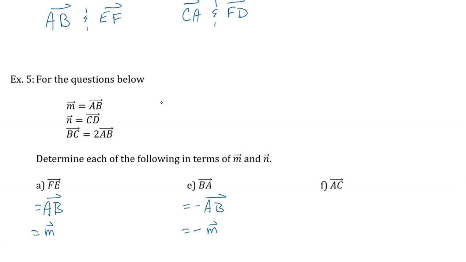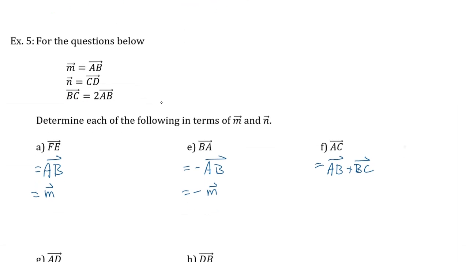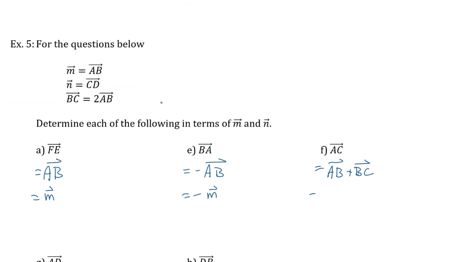AC, this is a good one, is equal to vector AB plus vector BC. Why did I choose those two vectors? Because I've got AB and I've got BC here. And so BC is 2AB.